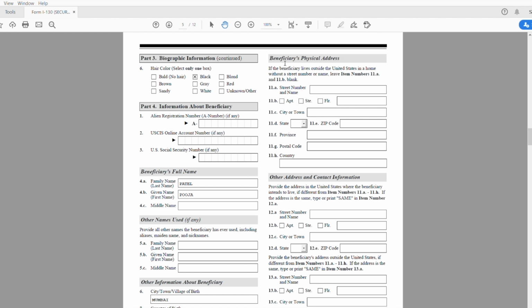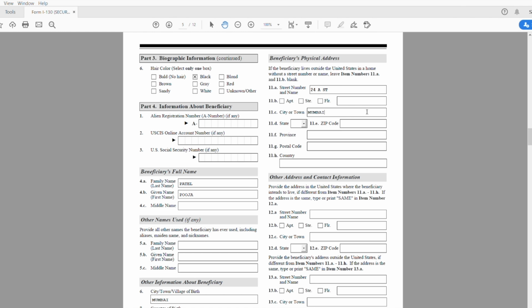If the beneficiary lives outside the United States in a home without a street number or name, leave items 11A and 11B blank. So the beneficiary's physical address is 24 A Street. The city is Mumbai.